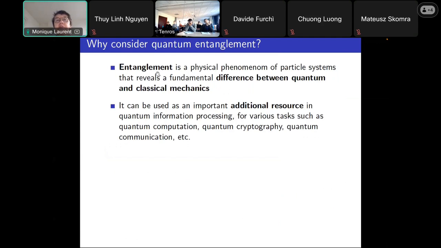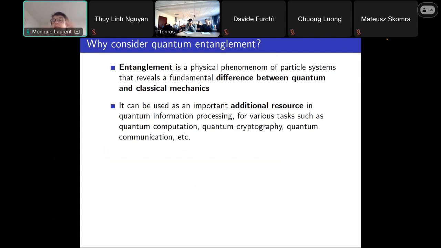I will just read what is written. It's a physical phenomenon of quantum systems, particle systems, which reveals the difference between quantum and classical mechanics. What happens is that you have a big quantum system, which is composed of some subsystems, say two quantum subsystems.